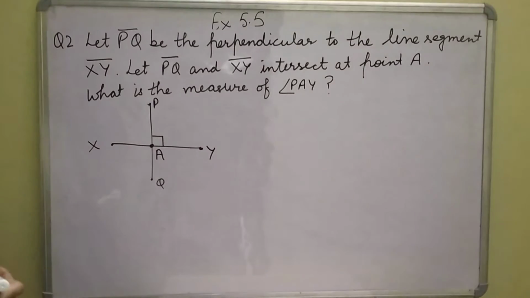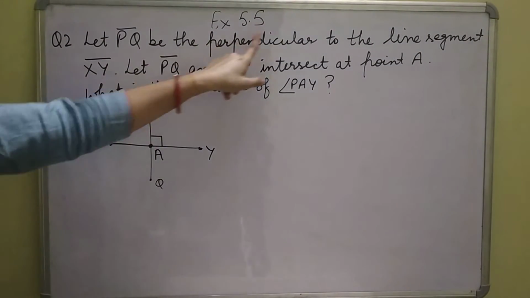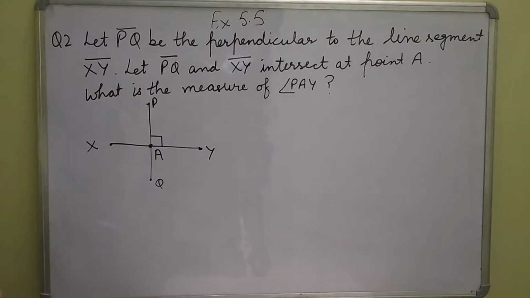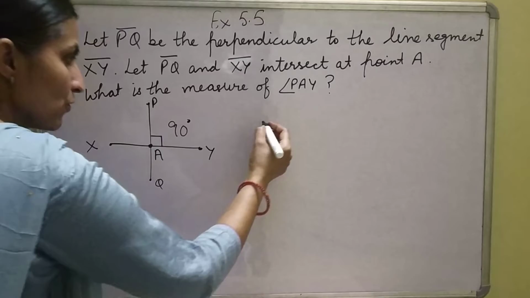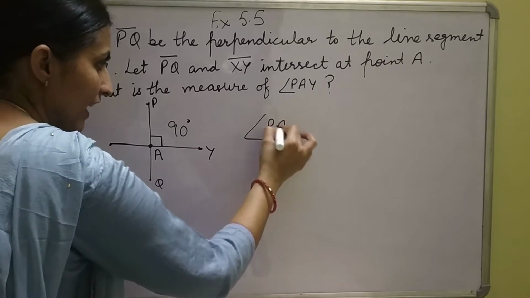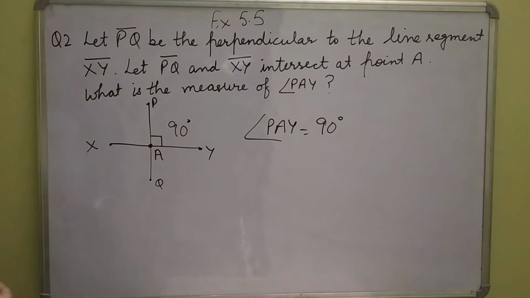As it is stated that these are perpendicular, and perpendicular means 90 degrees, your angle PAY is equal to 90 degrees. So this is your question number 2. Now let's move to the next question.